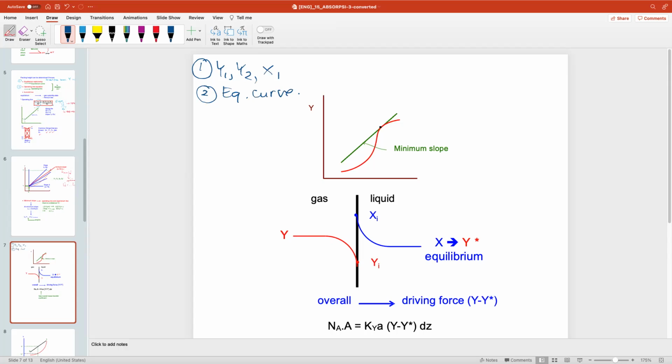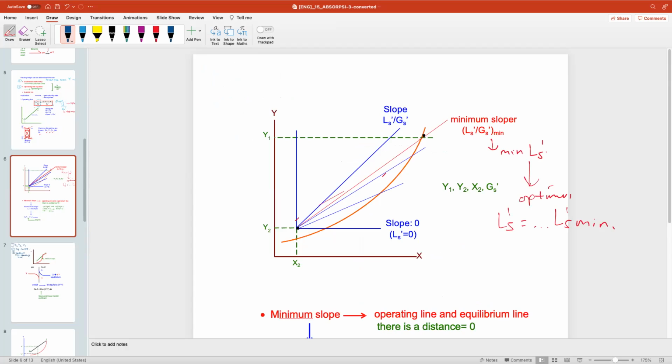With that we can construct the minimum operating line. Start from x2 and y2, because we know them, and also x1, then try to find the line that has the minimum slope, and this is going to be your operating line minimum.